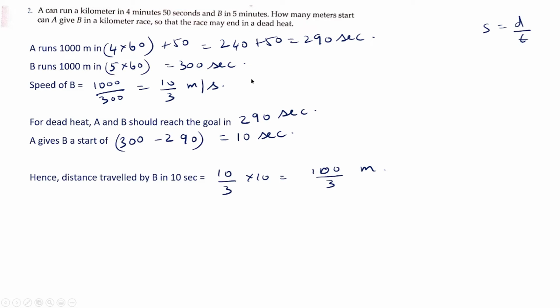So when A gives B a start of 100 by 3 meters, then the race will end in a dead heat. Therefore, A gives B a start of 100 by 3 meters. So this is the distance which A has to give B as a start so that the race will end in a dead heat.